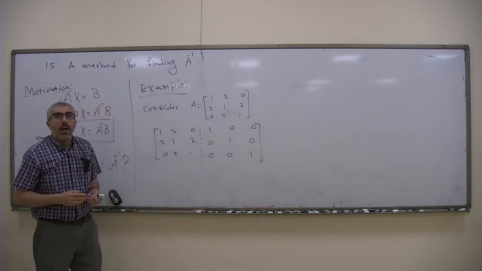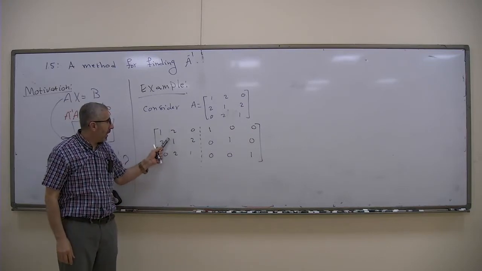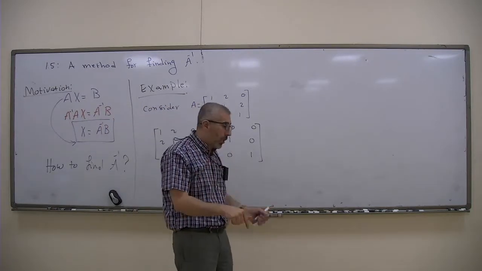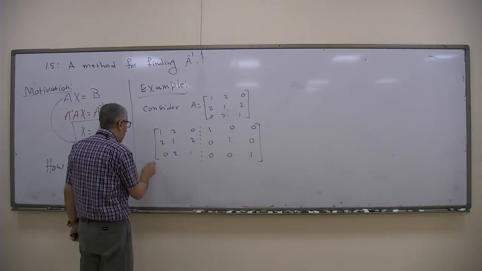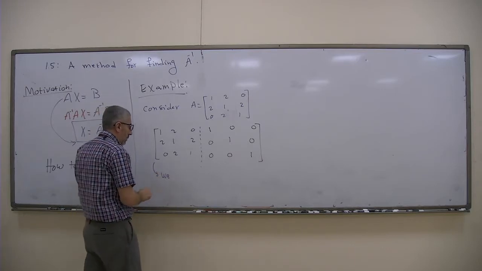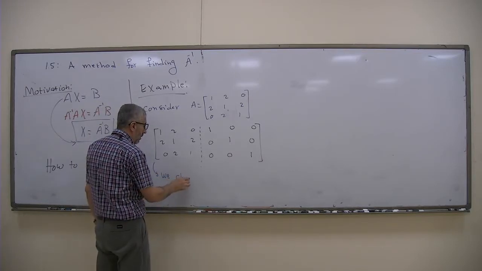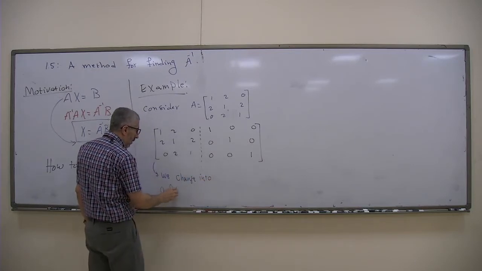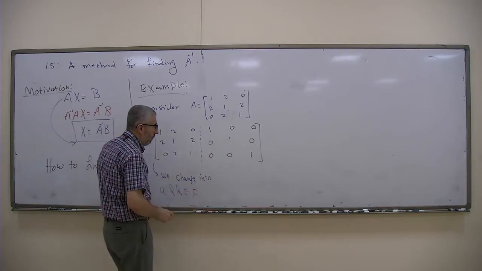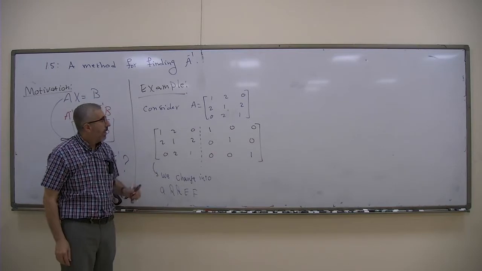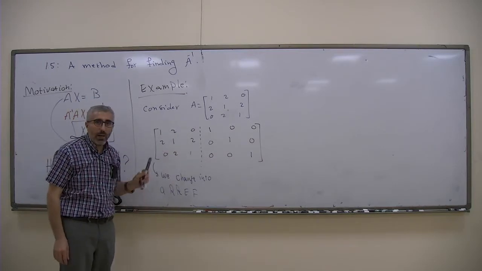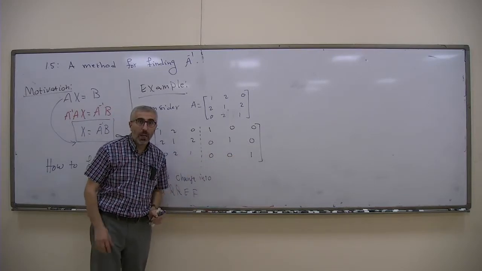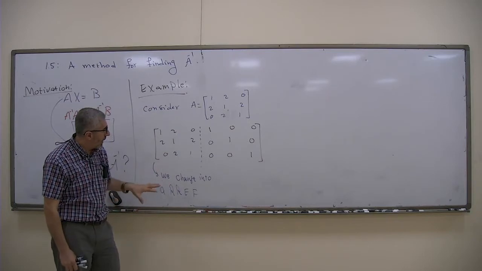We do elementary row operations to reduce this matrix into a reduced row echelon form. Once you do that, you can decide whether it is invertible or not. And if it is invertible, what you get on this side is going to be A inverse. So the method here is fairly easy.